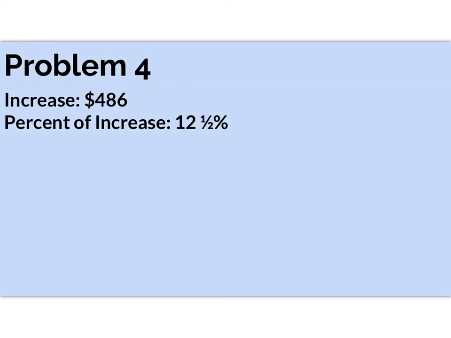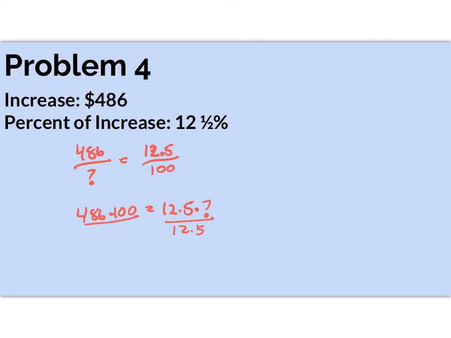And our final problem. An increase of $486, and our percent increase is 12.5%. So our increase is 486 out of what total? We don't know. Question mark equals 12.5 over 100. So again, 486 times 100, cross multiplying, equals 12.5 times question mark, dividing by 12.5 on both sides.